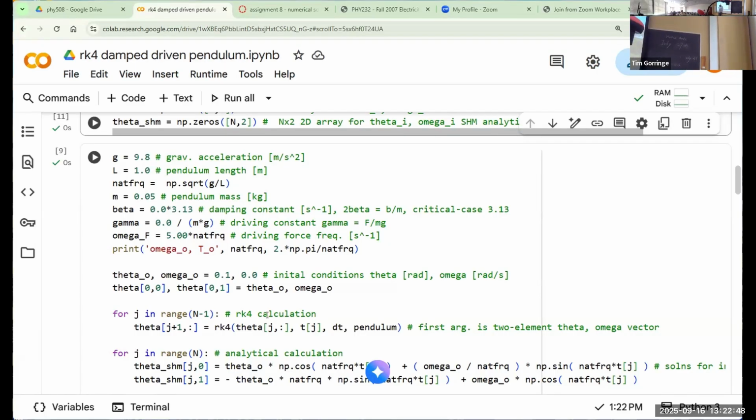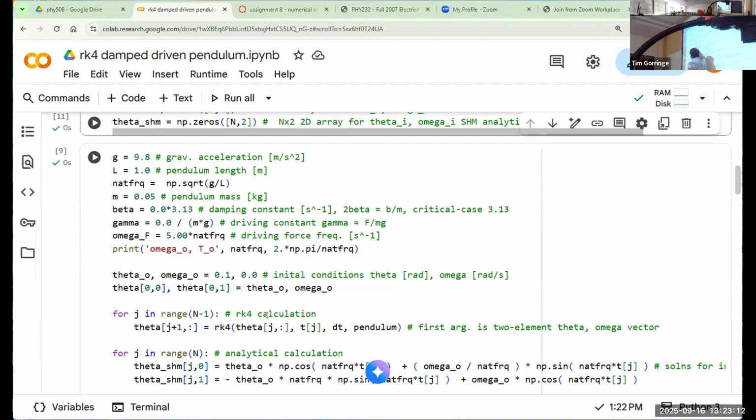This block upstairs is just to define all the pendulum parameters that I need. So I define the acceleration of gravity, I define the length of the pendulum. Remember, those are the two things we said would determine the natural frequency of the pendulum by this little equation here. The natural frequency is the square root of g over l. So that's my simple pendulum.